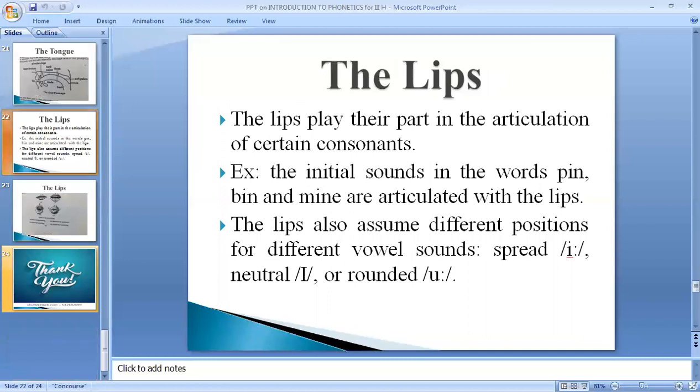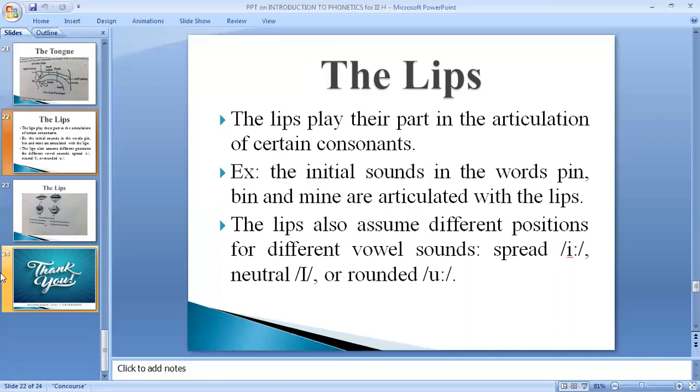The lips. The lips play their part in the articulation of certain consonants. For example, the initial sounds in the English words pin, bin, and mine are articulated with the lips. The lips also assume different positions for different vowel sounds.